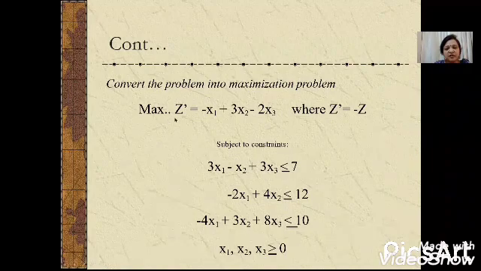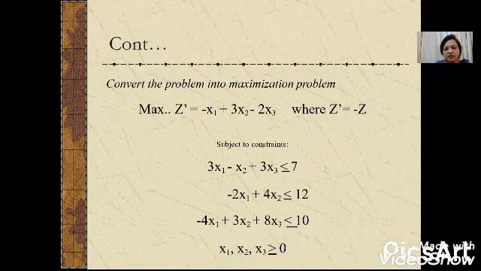So maximization of Z will be minus times the minimization of Z. So here we have taken Z dash equal to minus of Z. Now the problem becomes maximization of Z dash equal to minus of Z.